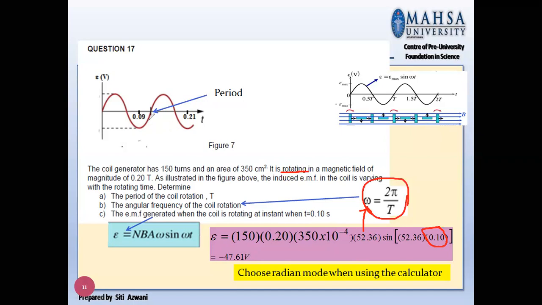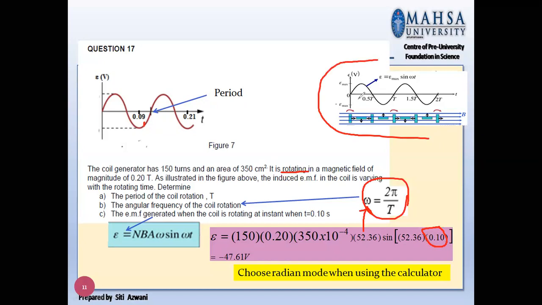If you refer to this question, when you have a T around 0.10, the value for your E is negative. Or you can refer back to your notes. You got this type of graph, the sinusoidal alternating EMF.